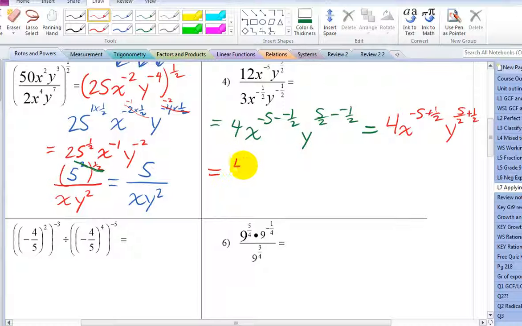So let's get a common denominator. You must have a common denominator when you add or subtract fractions. So it's negative 5 over 1 plus 1/2. Y exponent. What's 5 over 2 plus 1/2? 6 over 2. Remember you add the tops of your fractions.